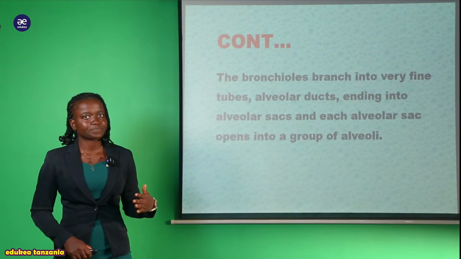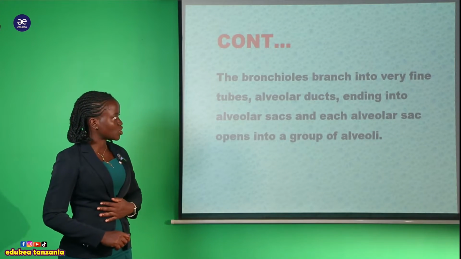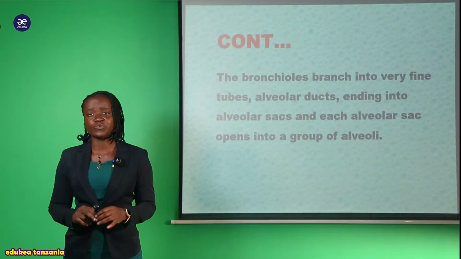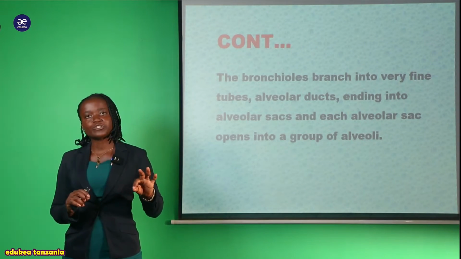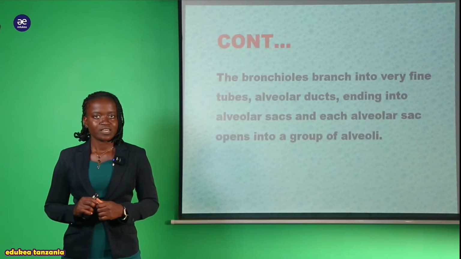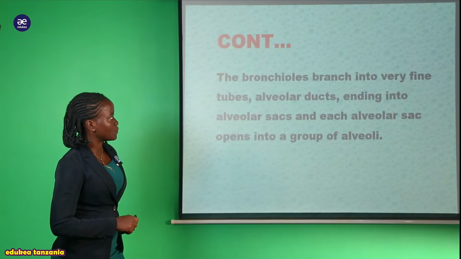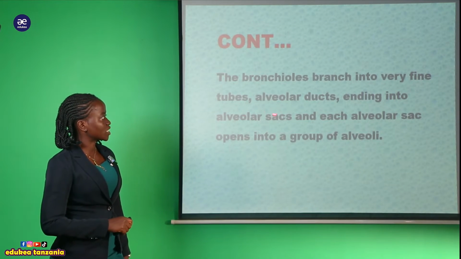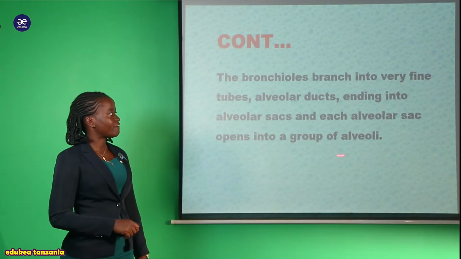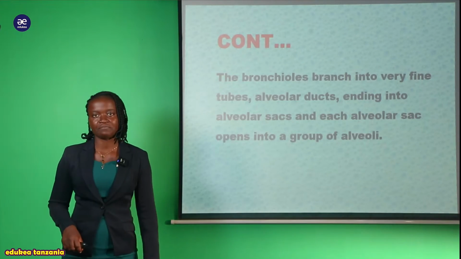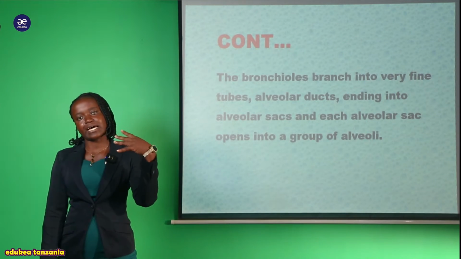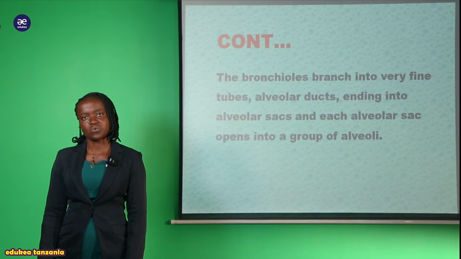Here we have seen that after the structure called the bronchioles, it branches into fine tubes, which are much smaller. What is the function of those fine tubes? Later they form the alveolar ducts, which end in alveolar sacs. The alveolar sacs open into a group of alveoli. And within the alveoli is where gaseous exchange occurs.